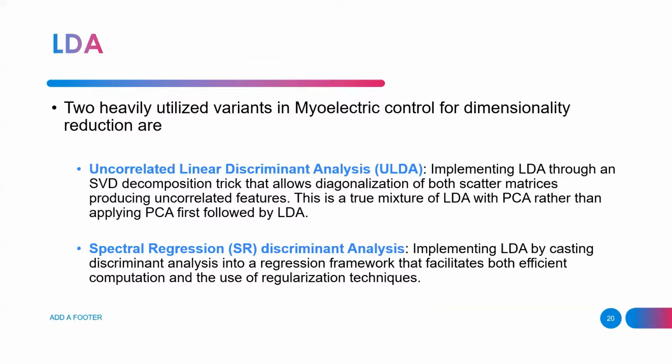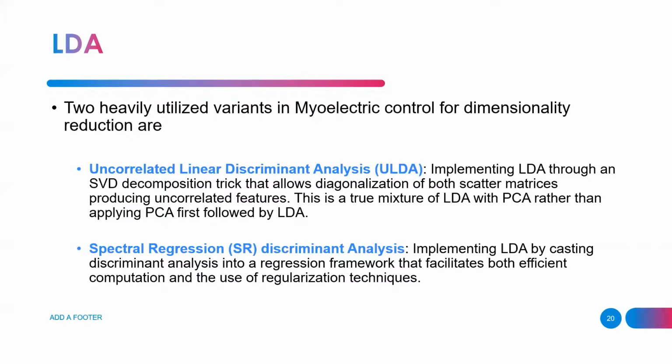Nowadays, to heavily utilize variance, especially in the field of my electric control, which I mainly work on or still publish on a lot, the main two variants of LDA that are nowadays used include the uncorrelated linear discriminant analysis, ULDA. So instead of applying PCA and then LDA, some researchers came out with a method, said, hey, I don't really need to apply two of them to achieve uncorrelated features.